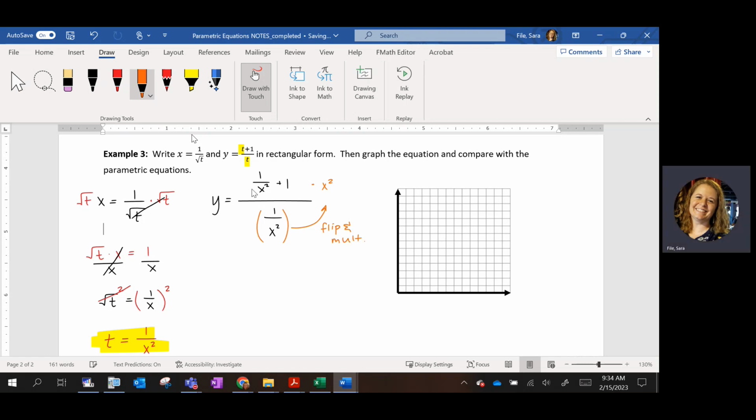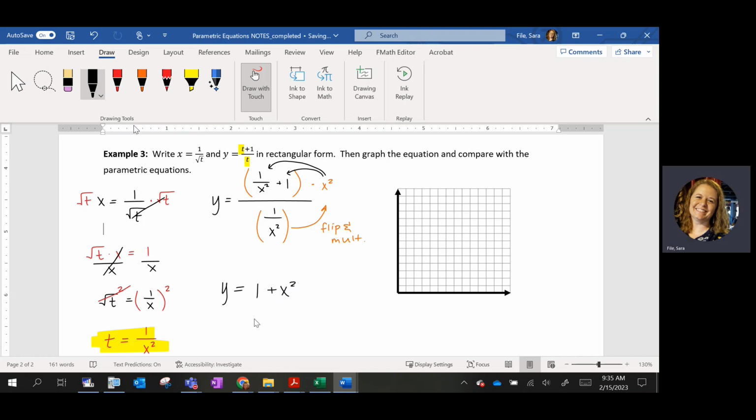Be careful, this is a binomial, so the entire thing needs to be in parentheses multiplied by the x squared. So that x squared is going to get distributed. So what's x squared times 1 over x squared going to be? 1, and then that would just be plus x squared.